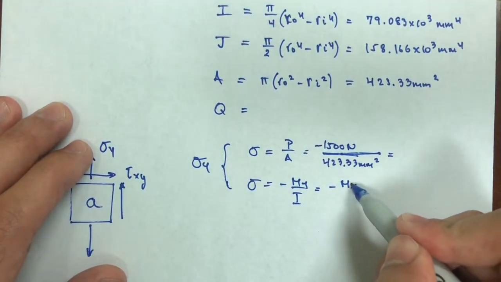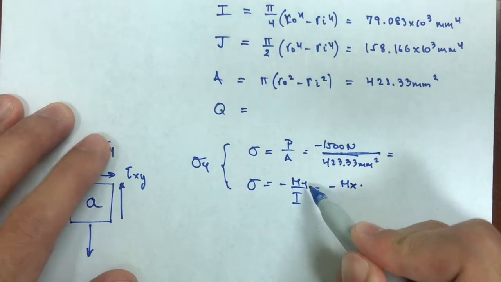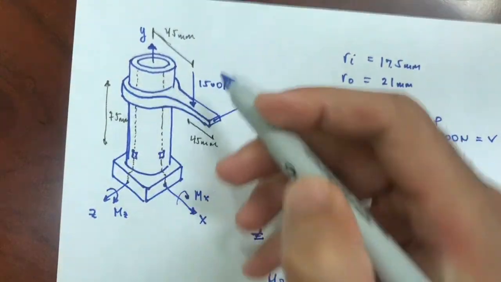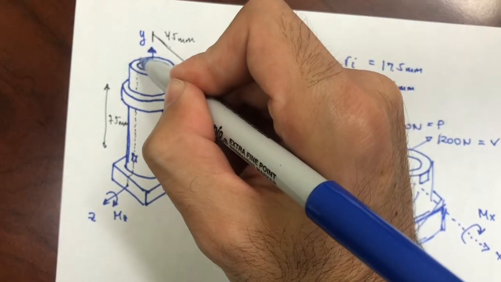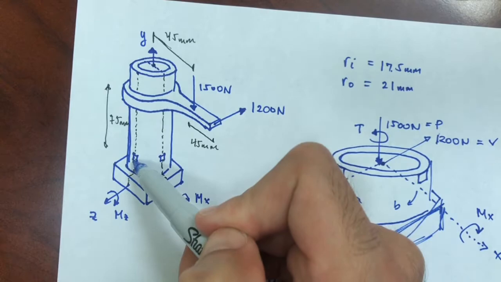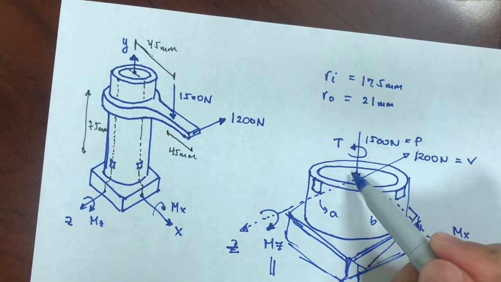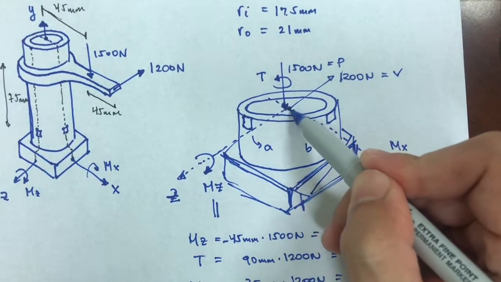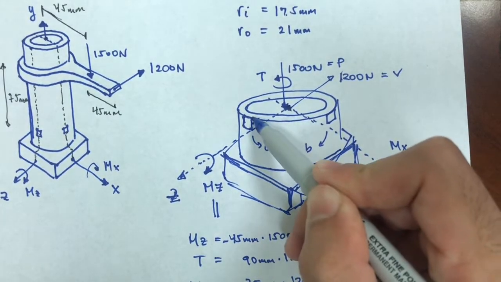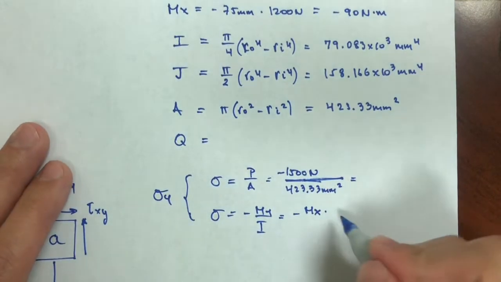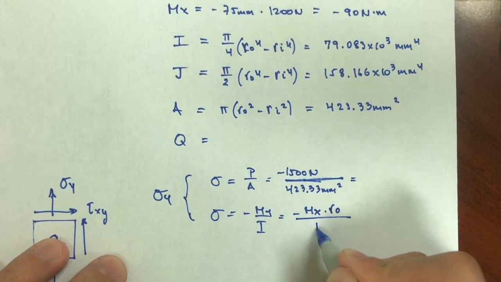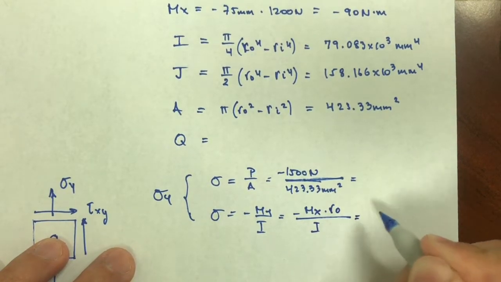So MX is what I want to write here. My moment is MX. The Y would be the distance from the neutral axis, which would be here, all of this here. So basically from this to where A is located, right? From my neutral axis due to that bending, which is this, to where this is located, that would be just a radius, an outer radius. So this would be an outer radius over the I that I calculated previously.